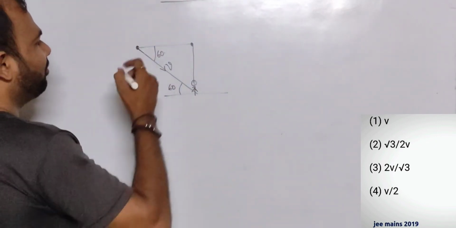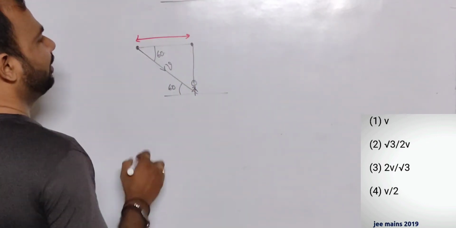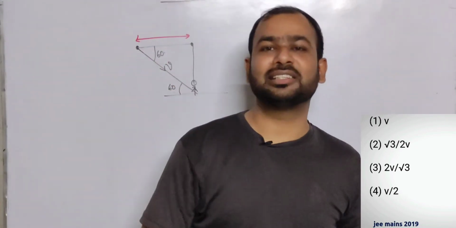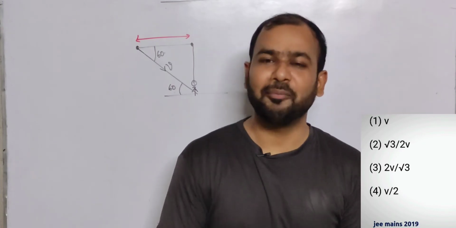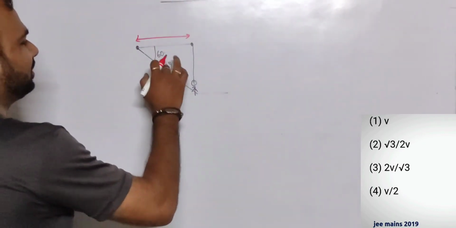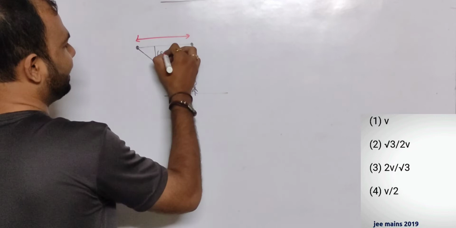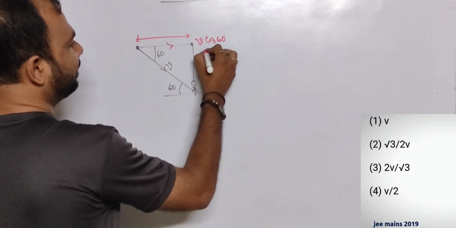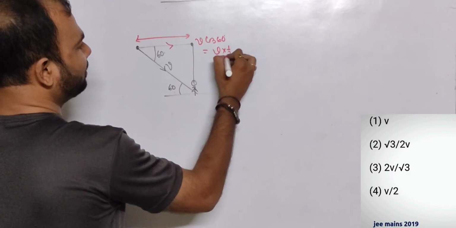So the plane moves in this direction, and the component of the sound in this direction is equal to the velocity of the plane. Very simple. So V cos theta, that is V cos 60 degrees, V into 1 by 2, that is V by 2.